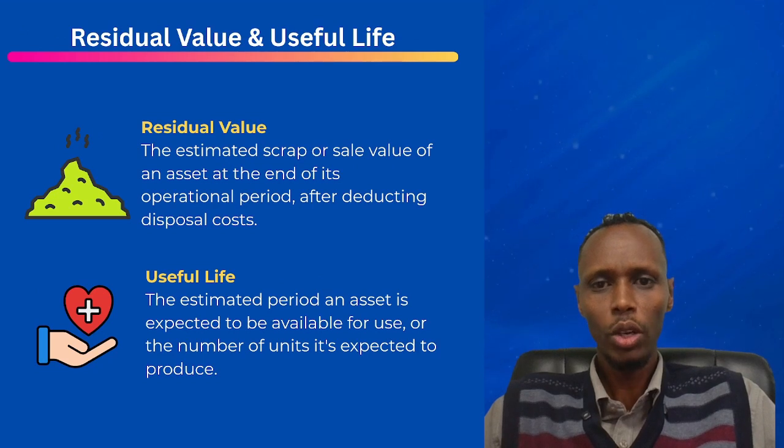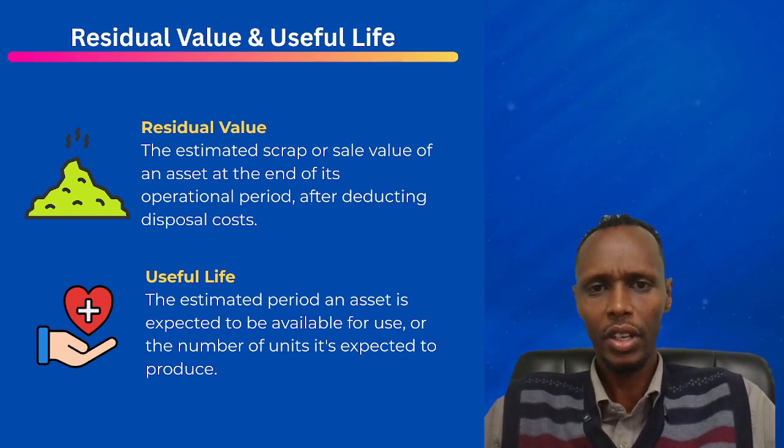Next, we look at residual value versus useful life. Remember, in our previous lesson we mentioned residual value. It is the estimated amount an entity expects to get from disposing of an asset after the useful life is over, the scrap value or resale value.